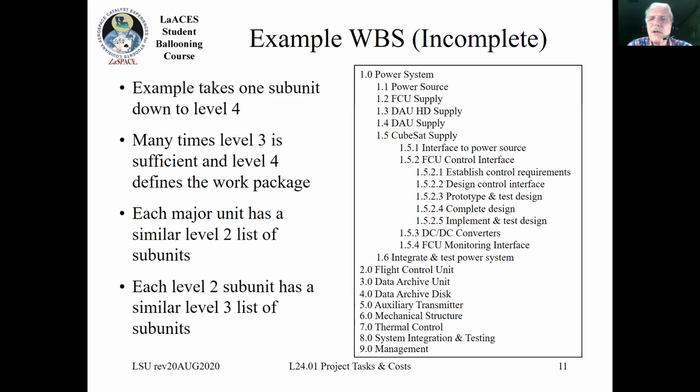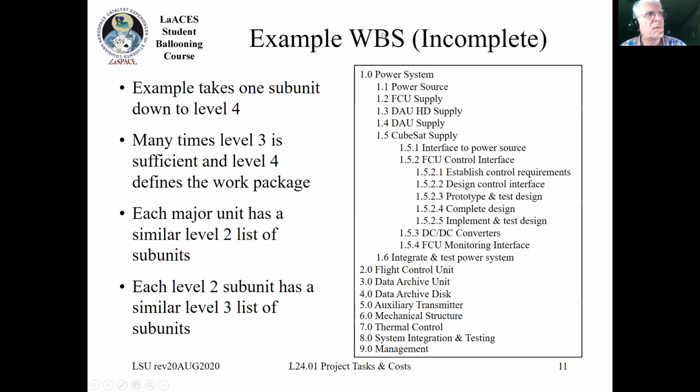So for example, here is an example WBS. It's incomplete, but it's similar to the system diagram that I was talking about the other day. Here's our highest level: a power system, flight control unit, data archive unit, data archive disk, auxiliary transmitter, and so on.